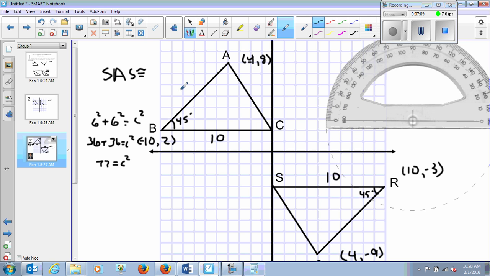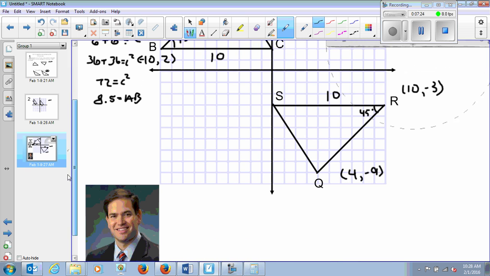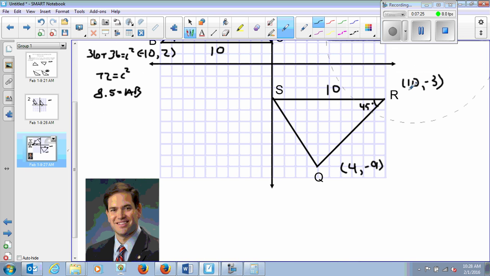So this side ends up being 8.5. Okay? That's a 2, not a 7. That was our missing side for AB. Now let's do the same thing down here. How far is it from 10 to 4? Well, again, that's going to be 6. And how far is it from -9 to -3?